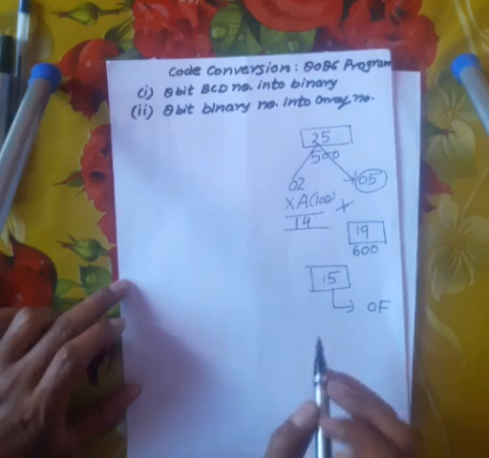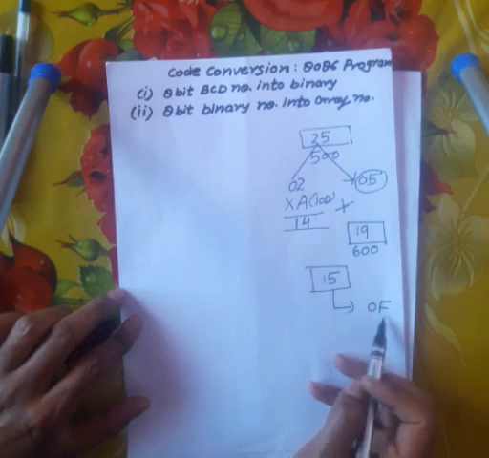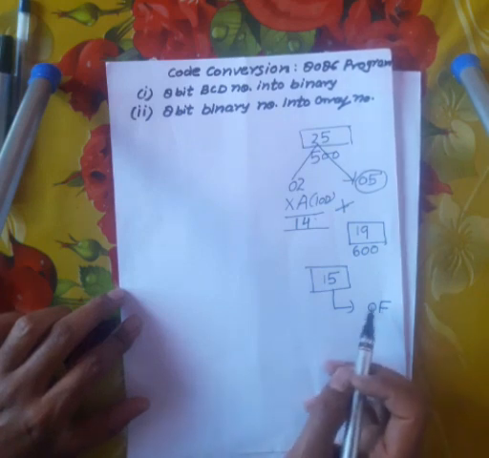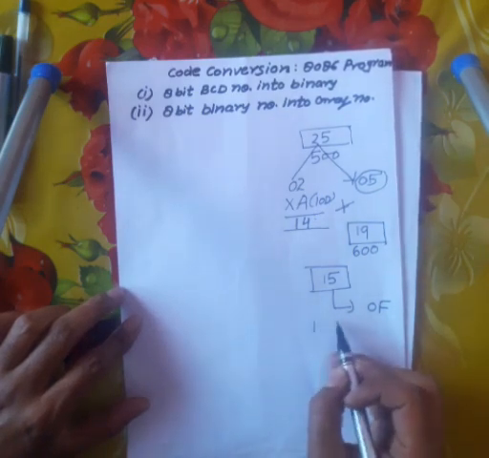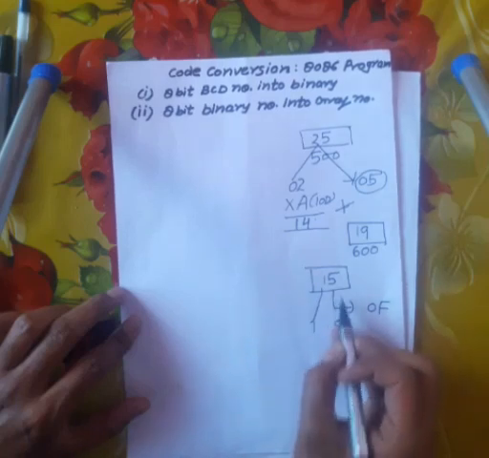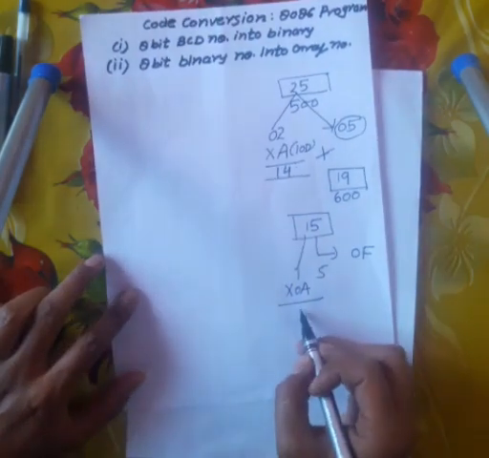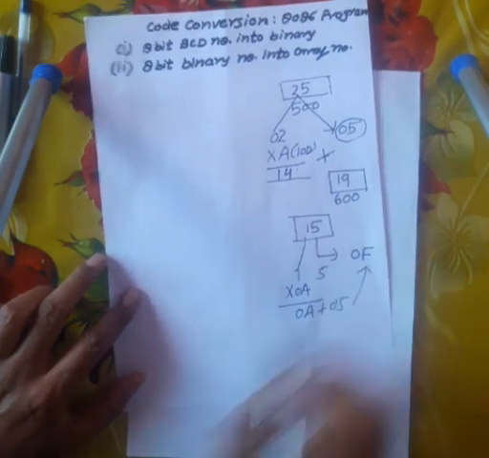Machine understand only binary language, you know, and result will get in hexadecimal number system, but machine will automatically take in binary number system. How you will get? 1 5, separate these two. Now 1 into A, you know what is 1 into A? This is nothing, this is A plus 5. A plus 5, this is nothing, this is F.